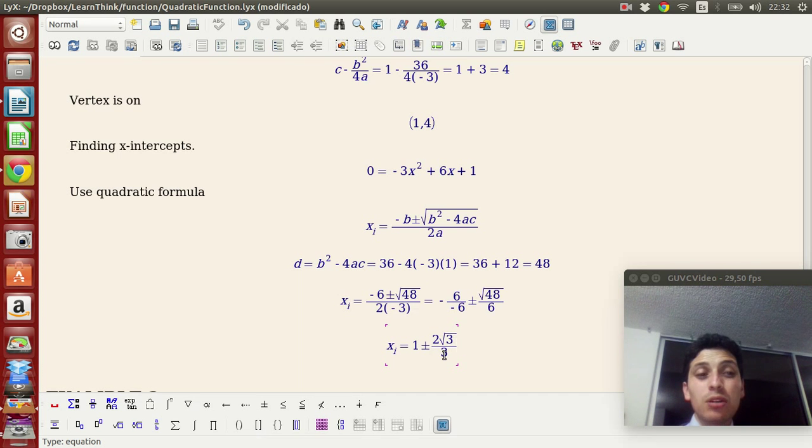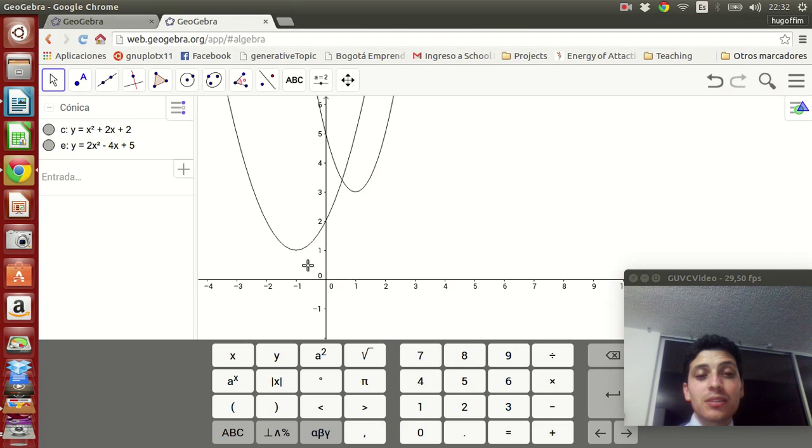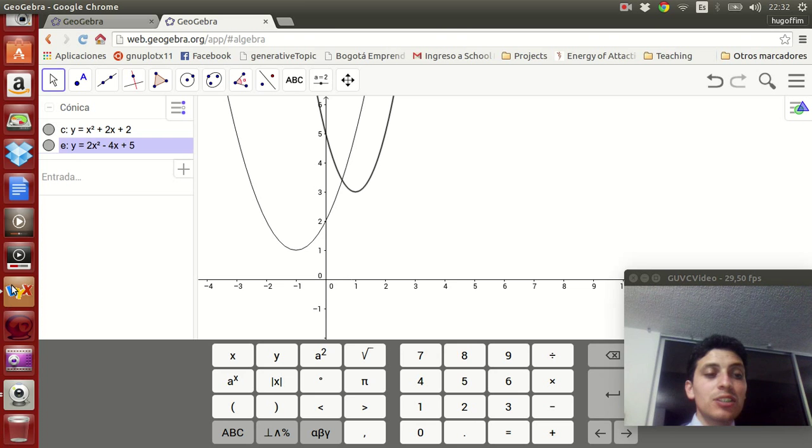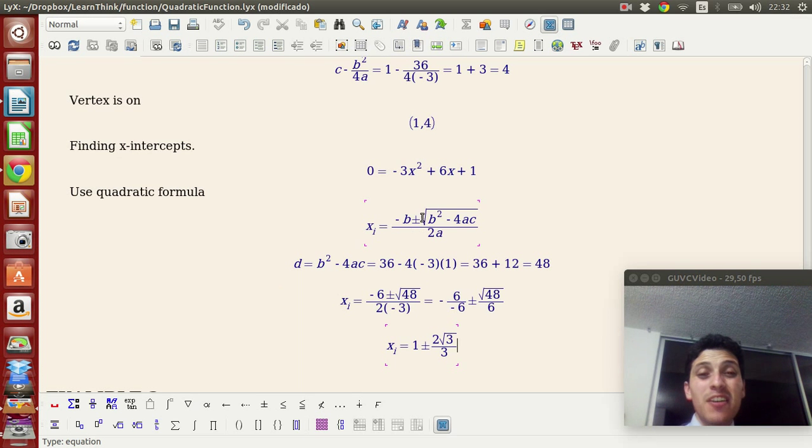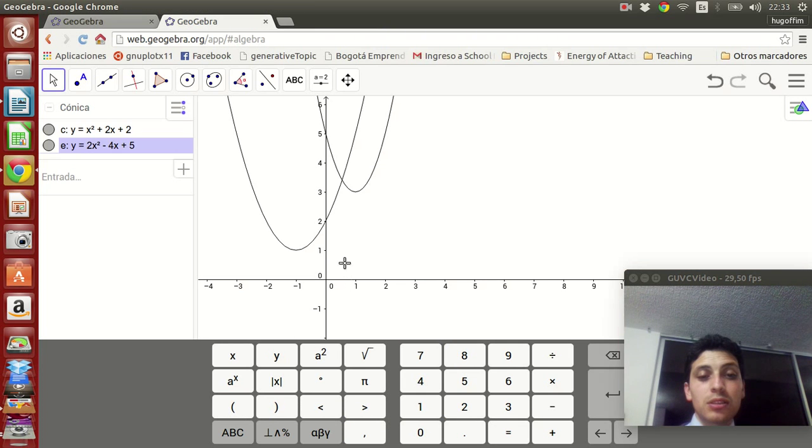You may use your calculator to check the actual value. So it will be here, one of them, and the other should be like here. And you will note that the vertex is at 1, 4.